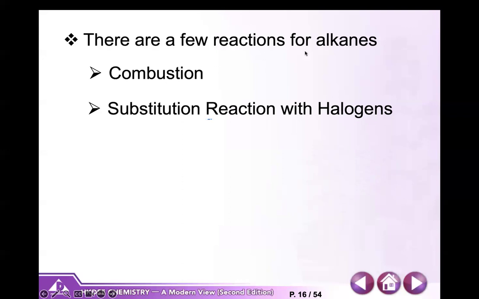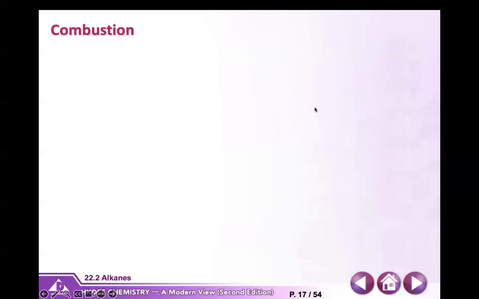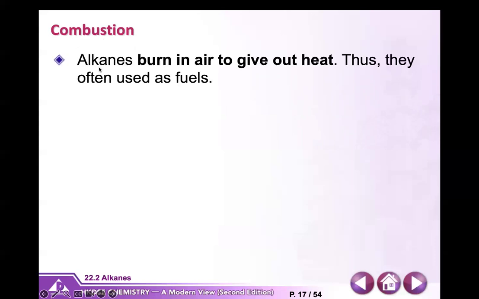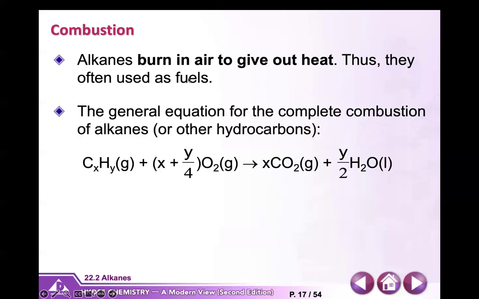As a result, the reactions are combustion of alkanes, substitution reaction with halogens, and then the last one, cracking. So let's start with the combustion first. In combustion, alkanes burn in air to give out heat or light energy, so alkanes are mostly used as fuels.